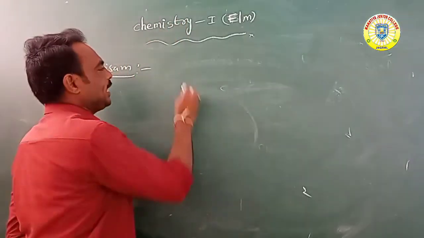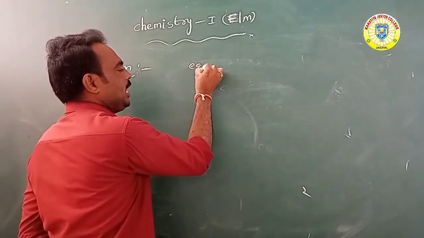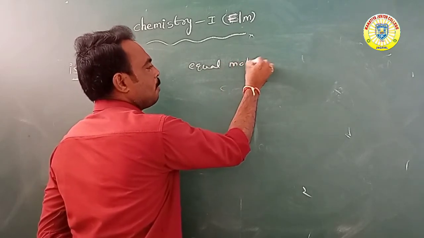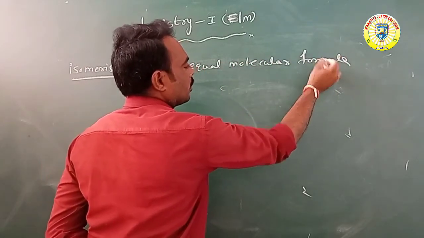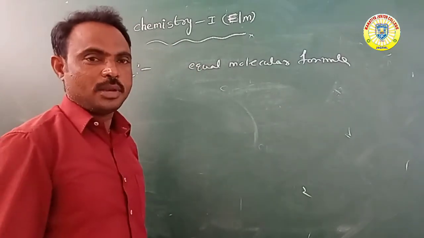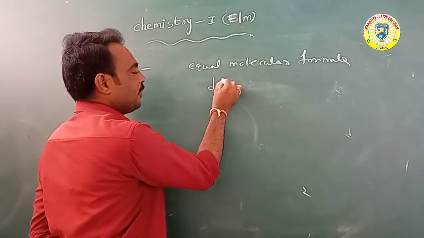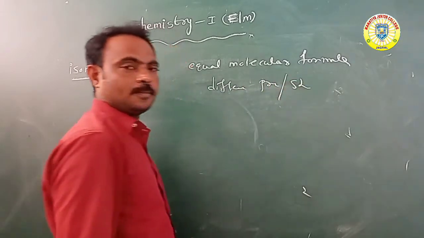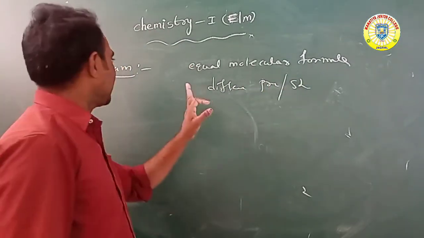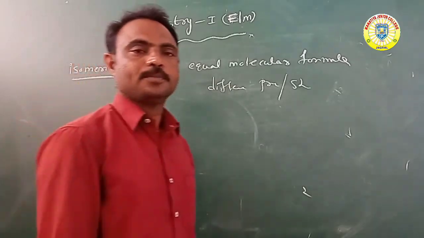Compounds that contain equal molecular formula but different properties or different structures exhibit the isomerism property.